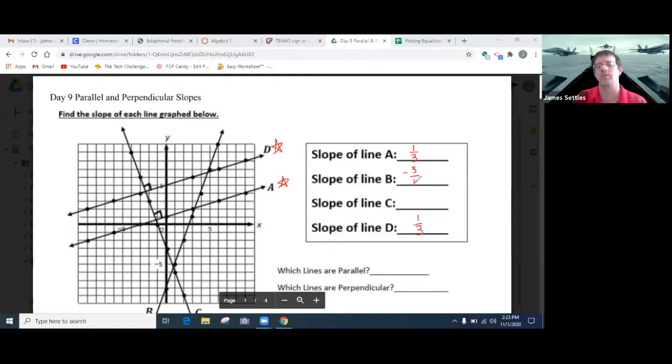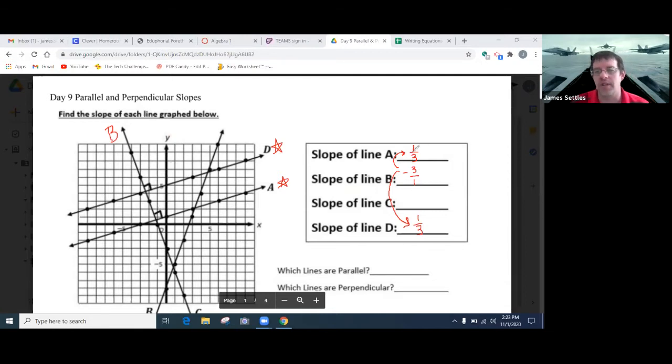Now, I know usually I wouldn't write it over 1 because it's just negative 3. But I need you to see the relationship between, and actually I'm not even sure if this is B. I don't know. I'm pretending like this is B right now. I don't know if it is or not. So I want you to see the relationship between B and A, or B and D, and it shows that they're perpendicular, okay?